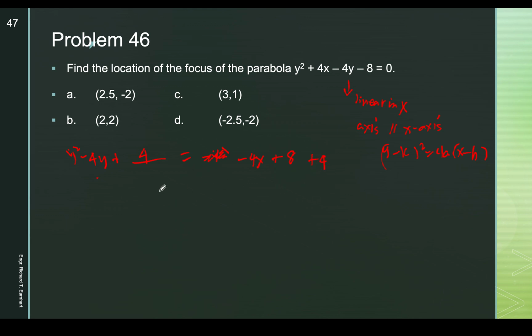Okay, so this will be y minus 2 quantity squared, and then we factor out negative 4 here, will give you x minus 3 here, because this one is 12.